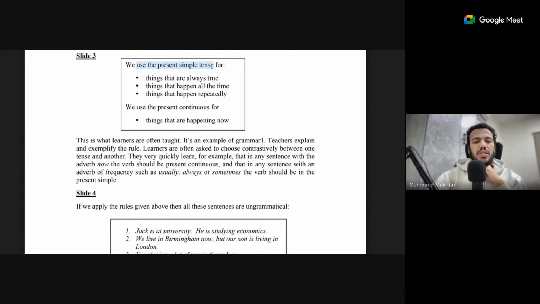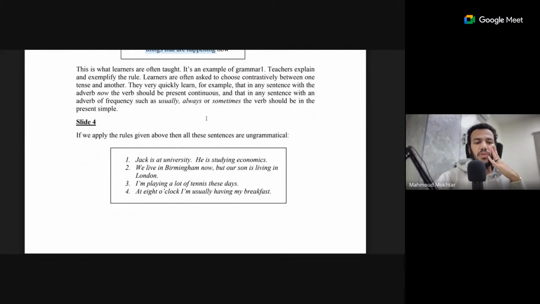We use the present simple tense for things that are always true, things that happen all the time, things that happen repeatedly. We use present continuous for things that are happening now. This is what learners are often taught.